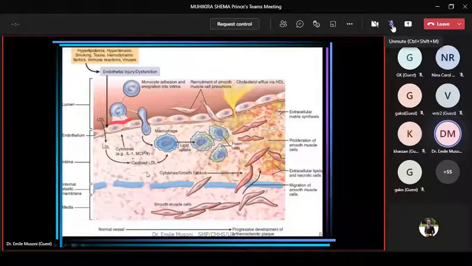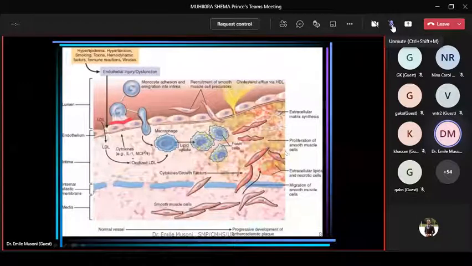Here we see an image where we see some of those low density lipoproteins, oxidized low density lipoproteins. Here there will be lipid, and here there are some foamy macrophages. Here there is involvement of extracellular matrix, and here there is proliferation of smooth muscle.